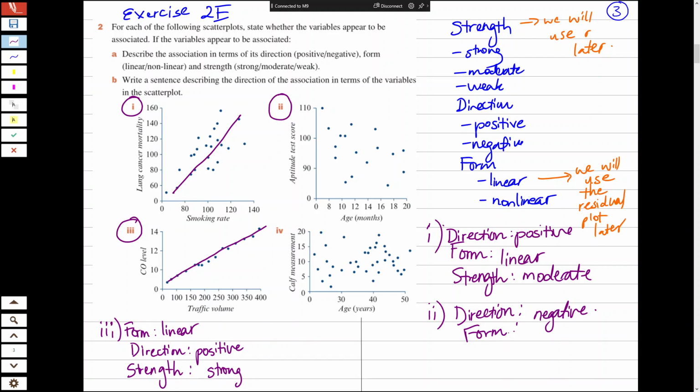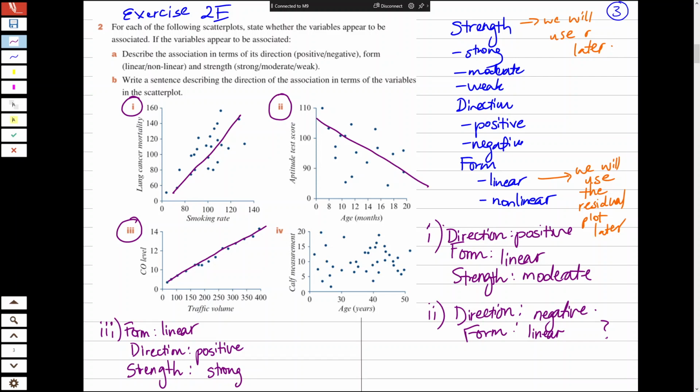It's hard to tell. I have a suspicion this one is still linear. I don't see a very clear curvature in the points, but it could be nonlinear. I haven't looked at the answers for this because I wanted to have the discussion with you, but you can look it up. Okay.